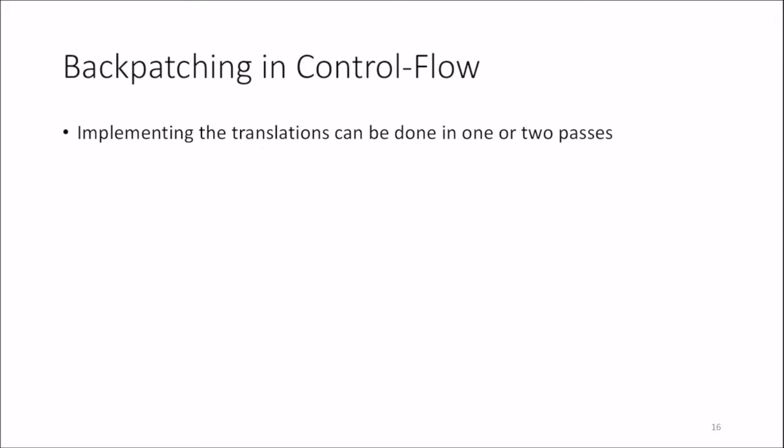So one way you could do that is to implement these in 2 passes, which makes things easier because all of the targets for the go-to statements have been laid out, and then you would insert the target locations for the go-to statements. But it's possible to do it in 1 pass, and that approach is commonly called backpatching. That allows you to do 1 pass code generation into intermediate representation.